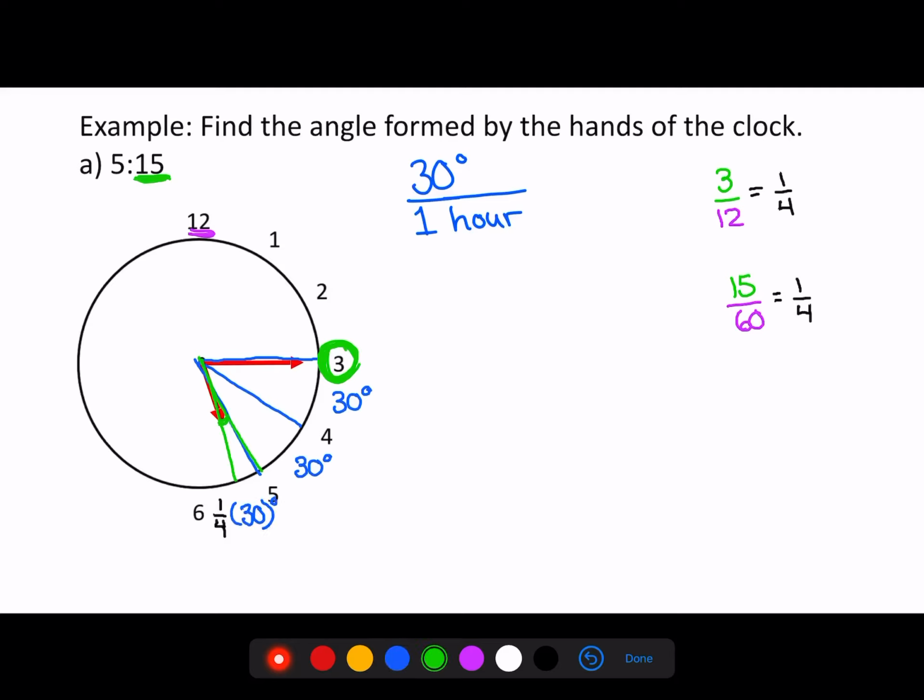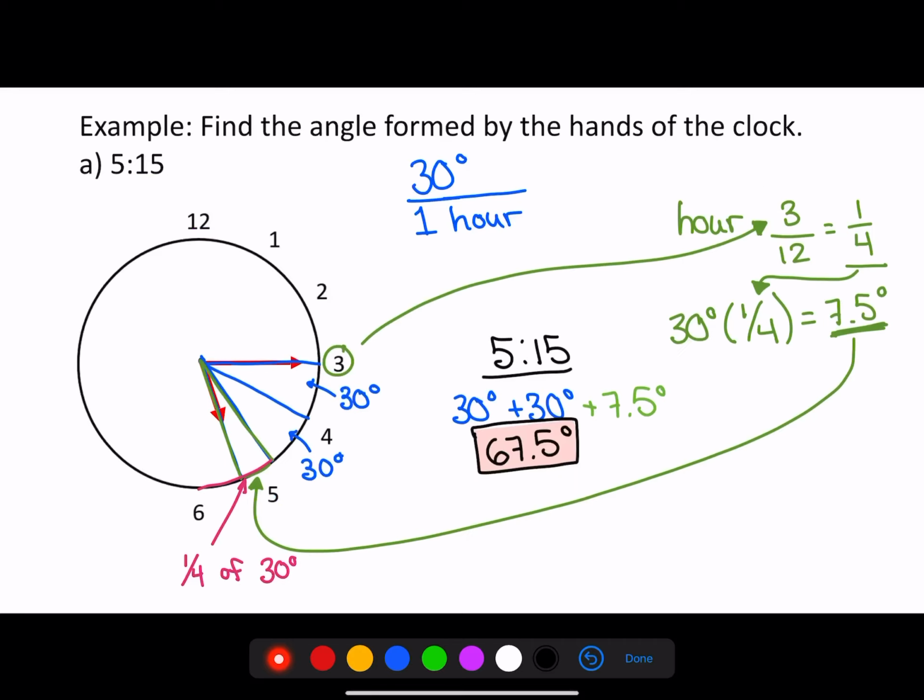Well, 1/4 times 30 is equal to 7.5. So therefore, we can find our final angle here. Our final angle is 30 plus 30 plus 7.5. Or, as our final answer, it's 67.5 degrees.